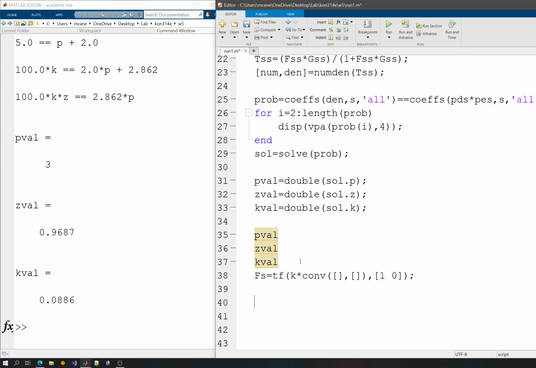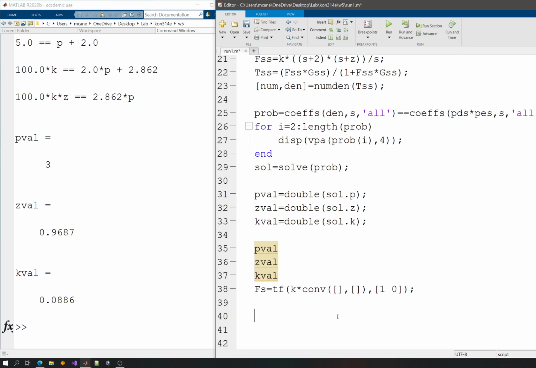Now, you can go ahead and define a symbolic P1 and P2, and then multiply them, and then get the coefficients of the multiplication, and then again define the transfer function, but I'm going to use this approach here, which is way much easier.